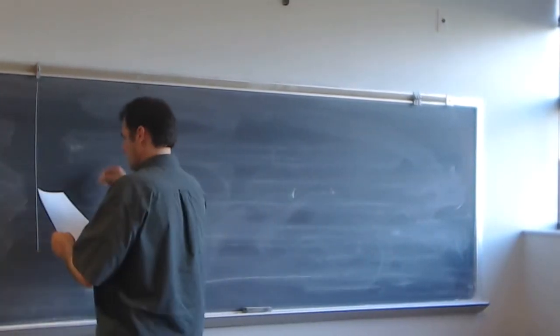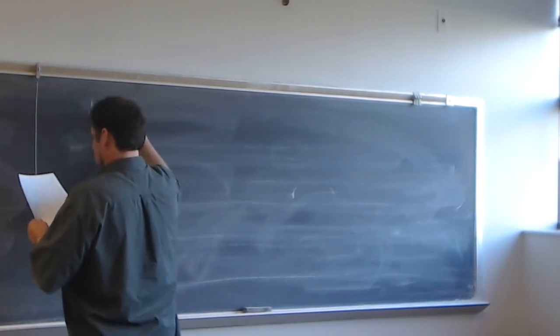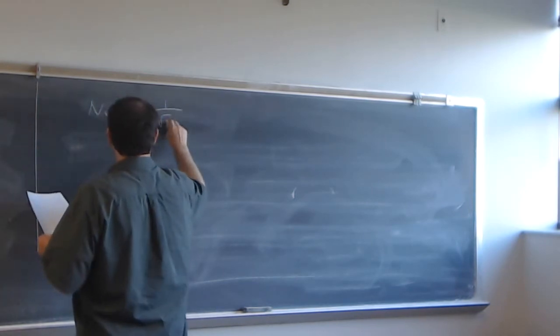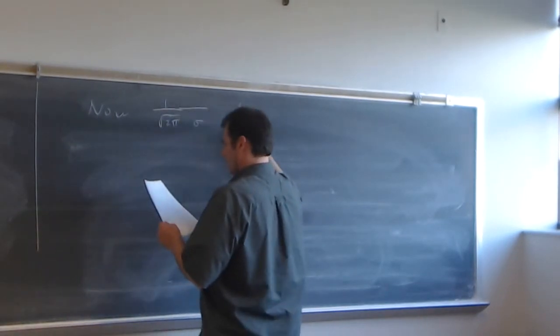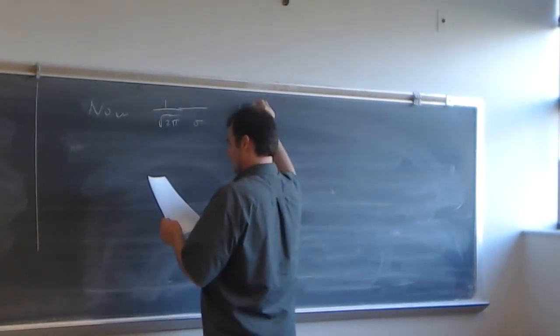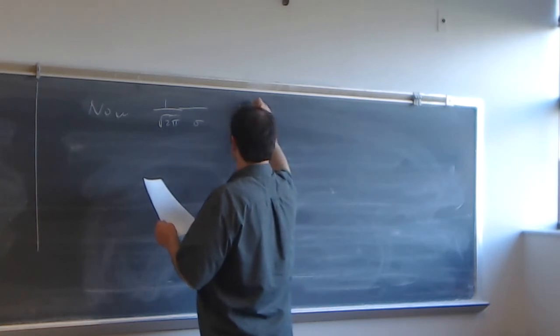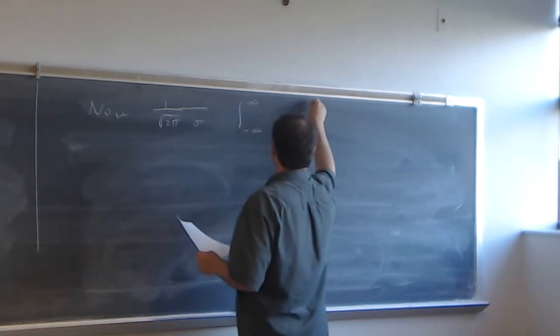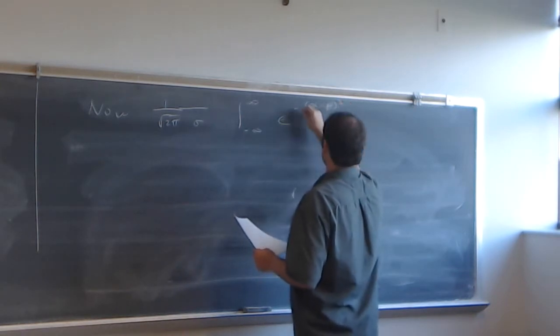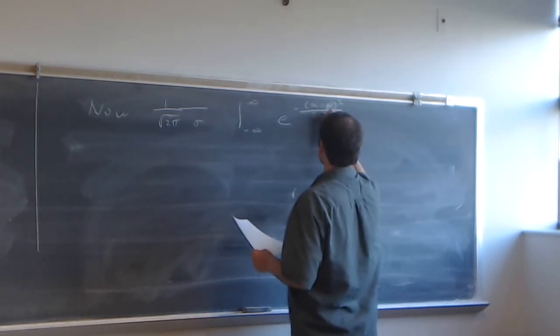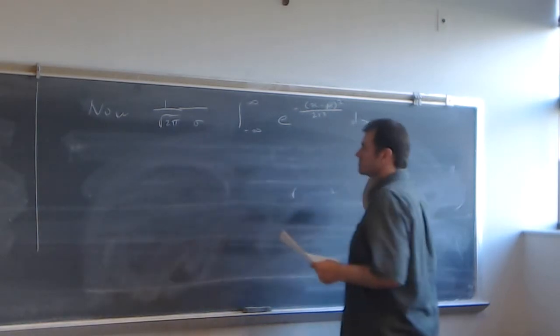So, 1 over the square root of 2 pi times sigma in the bottom, integral from minus infinity to infinity of e to the minus quantity x minus mu, quantity squared, over 2 sigma squared dx.